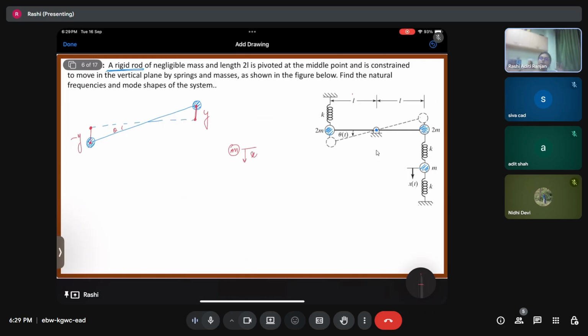These are the only two displacements that we are concerned about in order to find the equation of motion and then the frequencies and mode shapes. Okay, so when we look over here for the mass m, and then we have a spring k.